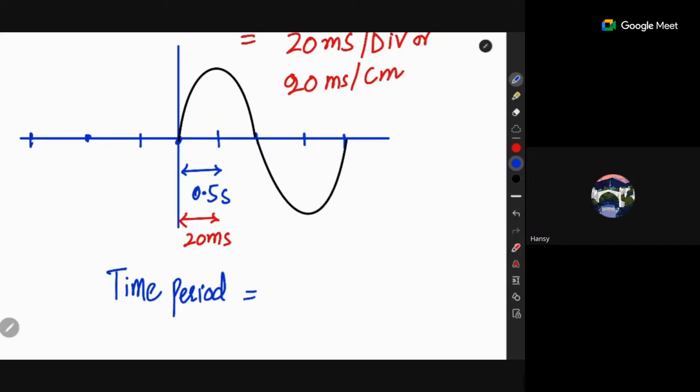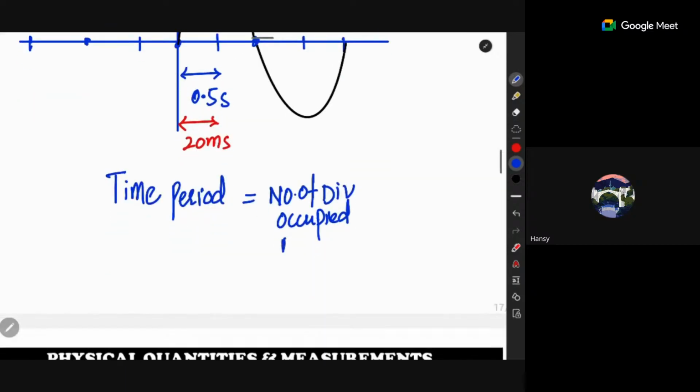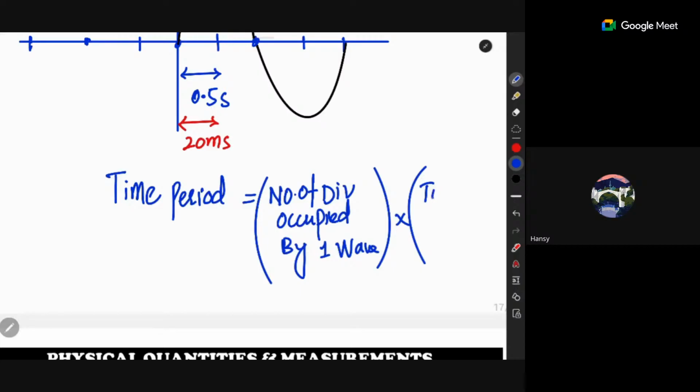Very simple concept, but this is very interesting. You will say that number of divisions occupied by one wave into time based setting. Simple, okay? Time based setting. Is this very clear to everyone?